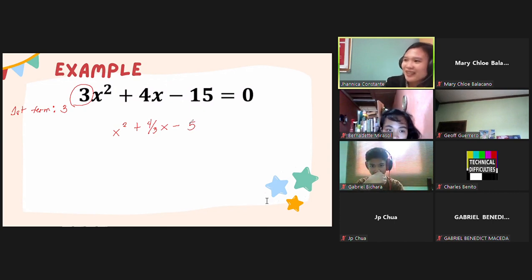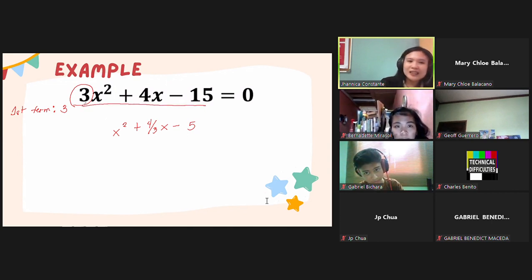Where did we get the 4 third x? We divide all terms of our equation by the leading coefficient, which is 3. So kung walang common factor, divide all the terms by the leading coefficient of your quadratic function.